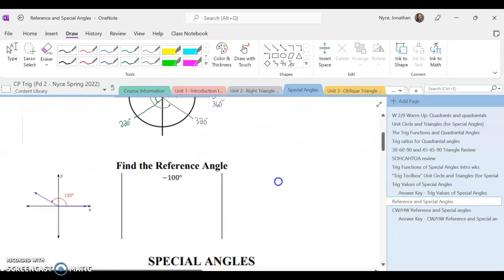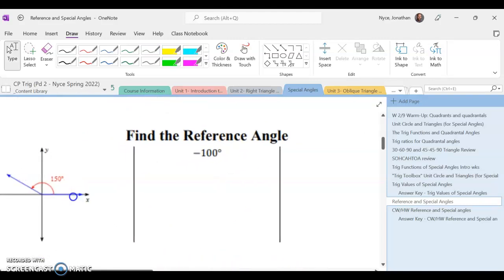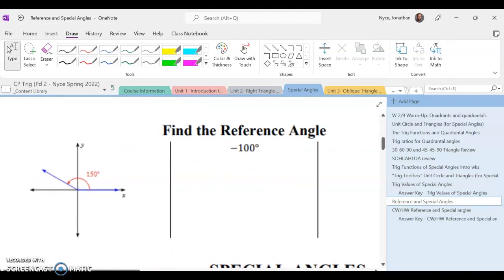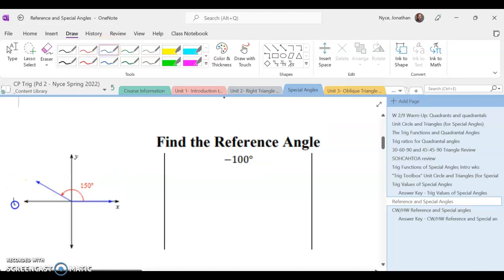So if we look at these two examples, for 150 degrees, reference angle is going to be, again, the number of degrees between the given angle, the nearest x-axis, which is 180. So if the given angle is 150, nearest x-axis is 180, this 30 degrees is our reference angle.